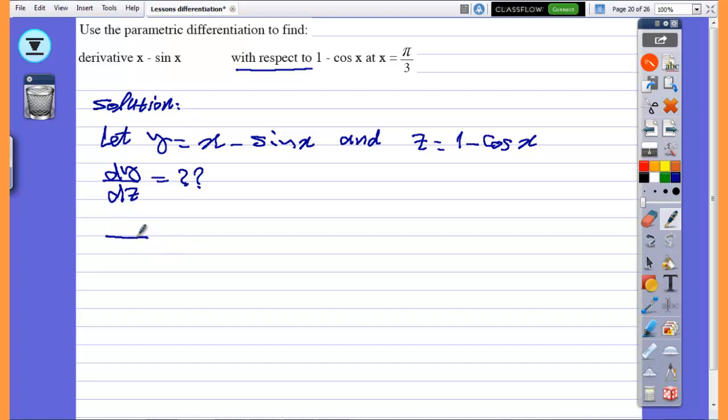Now we calculate dy/dx equals 1 minus cosine x.